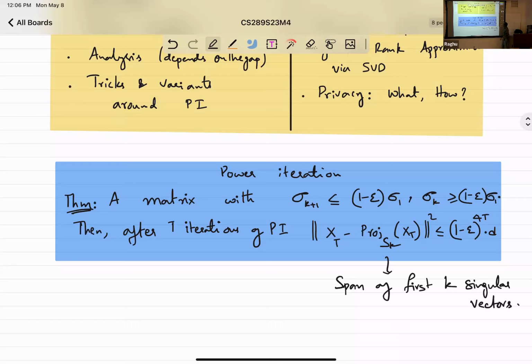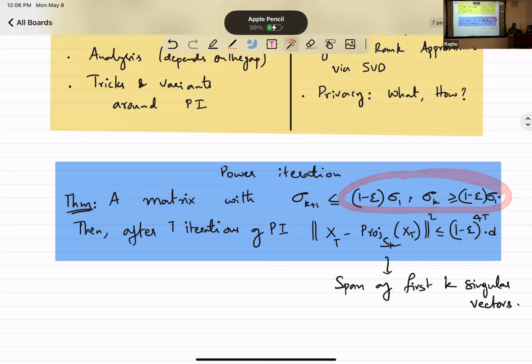So you're getting close to the first singular vector in the sense that your value is going to be pretty close to sigma 1 at this exponential rate. And you might wonder, this is some analysis, but how close is it to the actual performance in practice, and is this bound for real, and is this dependence on the gap real, and so on.